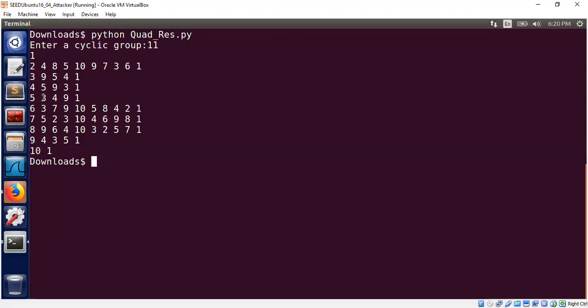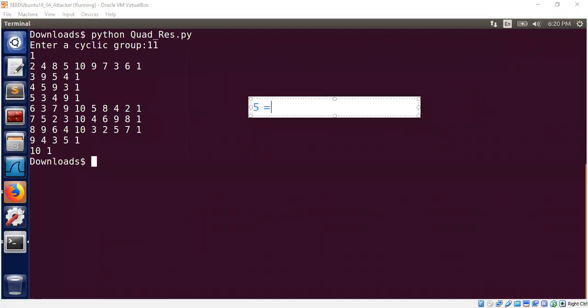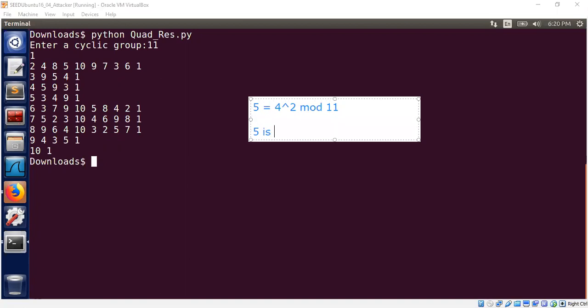If an element is a quadratic residue, it can be written as a power of 2. For example, 5 is a quadratic residue because we can write 5 as 4 squared in mod 11. We can check: 4 squared is 16, and 16 mod 11 is 5. So 5 is a quadratic residue because it can be written as a square.